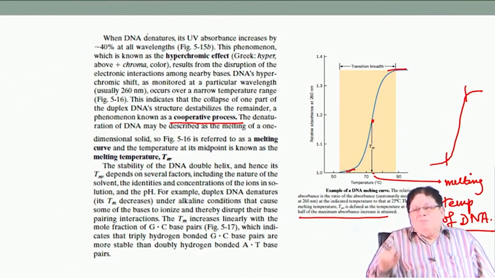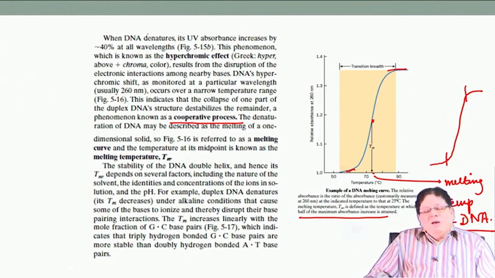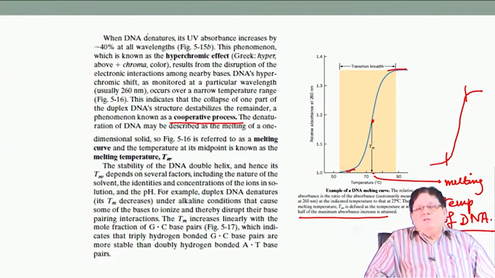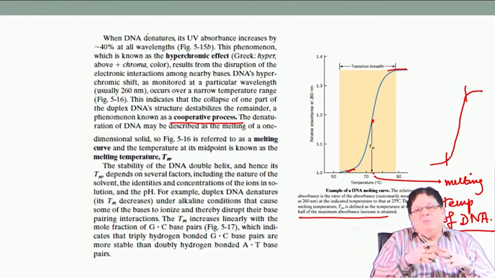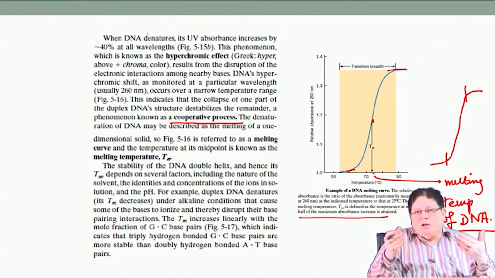Now, this melting temperature is very important, because if a species has a very low melting temperature of DNA, what will happen as the environmental temperature increases? For that species the DNA will become single stranded, and if DNA becomes single stranded, all the subsequent processes like the flow of information, replication, transcription, all these processes will fall apart.